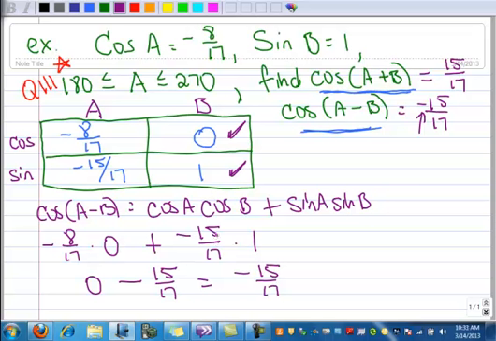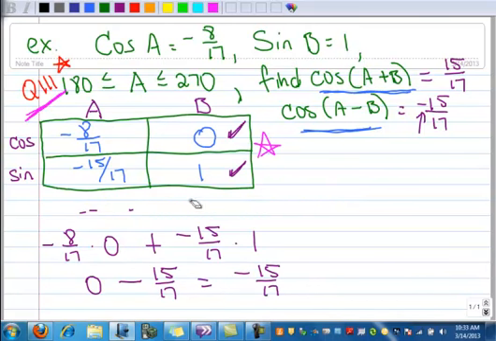All right, so some things to remember when you do these problems. First of all, this quadrant stuff is super, super important. It will mess up your whole answer if you don't have this quadrant stuff correct. The other thing is to always make this box to keep track of your stuff. And we're going to do some problems where we're going to have tangent too.